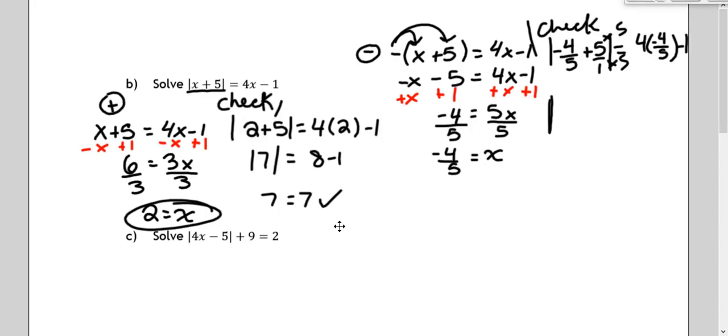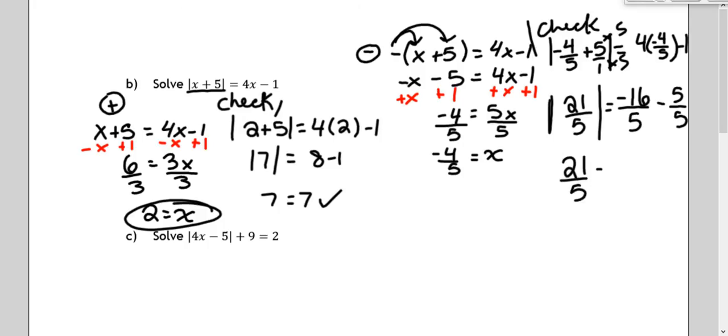So it's 25 plus negative 4, so 21 over 5 is equal to negative 16 over 5 minus 5 over 5. So this gives us 21/5 is equal to negative 21 over 5. So this is not valid, so this is extraneous.